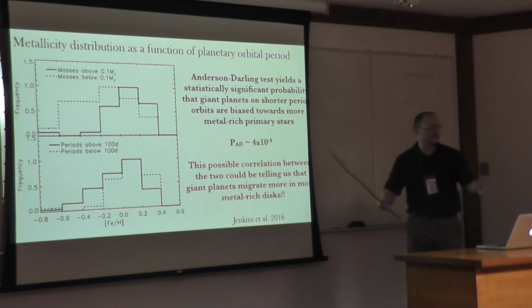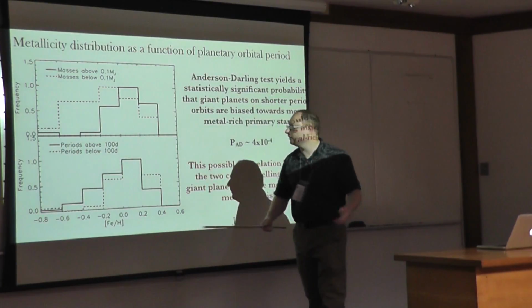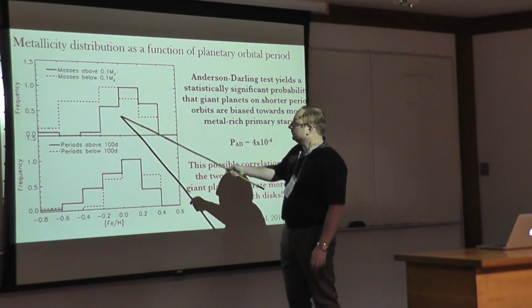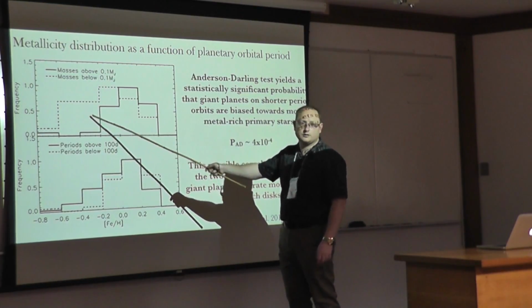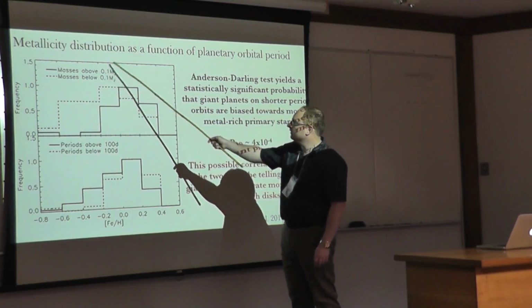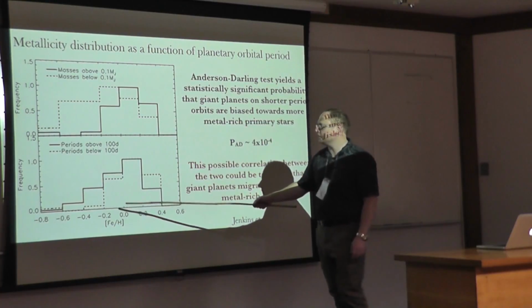So 0.1 is a hand-wavy cut-off for a gas giant, let's call it that. And when you do that and you look at metallicity, number one, we recover that expectation, where the most massive planets are towards high metallicities.